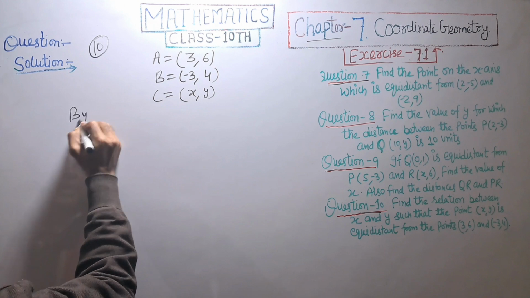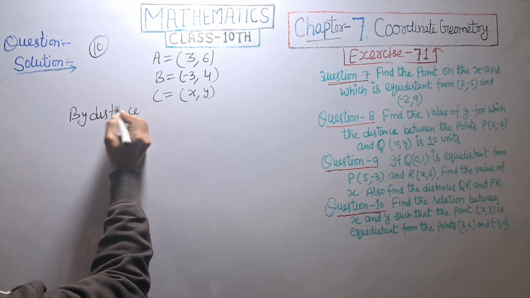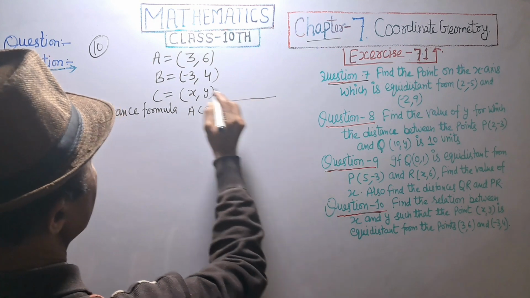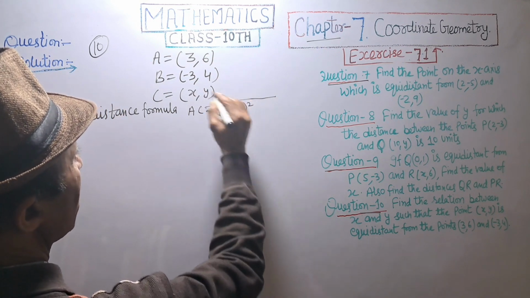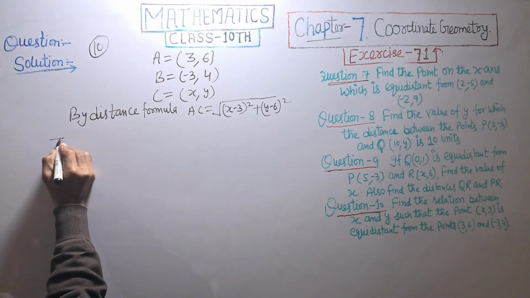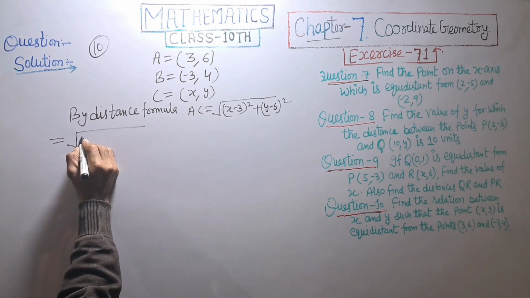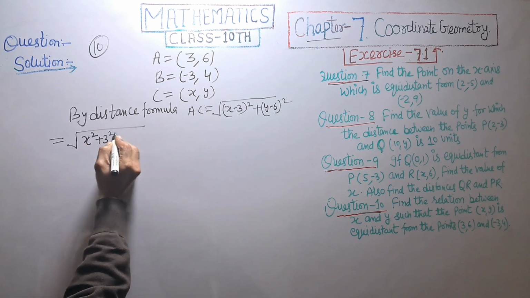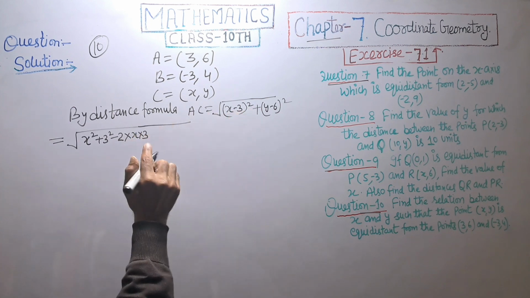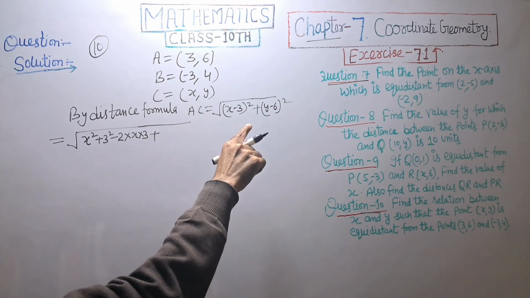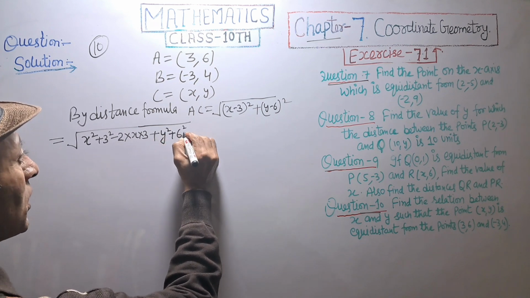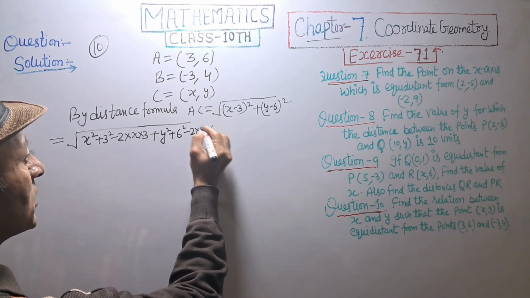So by distance formula, AC is equal to under root of (x minus 3) whole square, (x2 minus x1) square plus (y2 minus y1) square, is equal to under root of (a minus b) whole square, that is a square plus b square minus 2ab, and (y minus 6) whole square, that is (a minus b) whole square, a square plus b square minus 2 into y into 6.